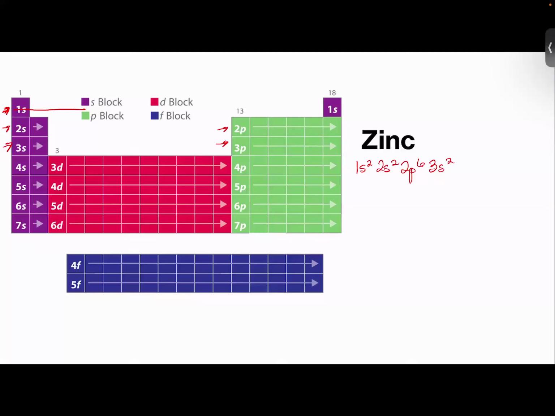Then we move over to the right, 3p6. Then the 4s. And then the 3d. Again, to figure out that it's 3d, the period minus 1 is equal to your n value. And zinc is the 10th element in the 3d.